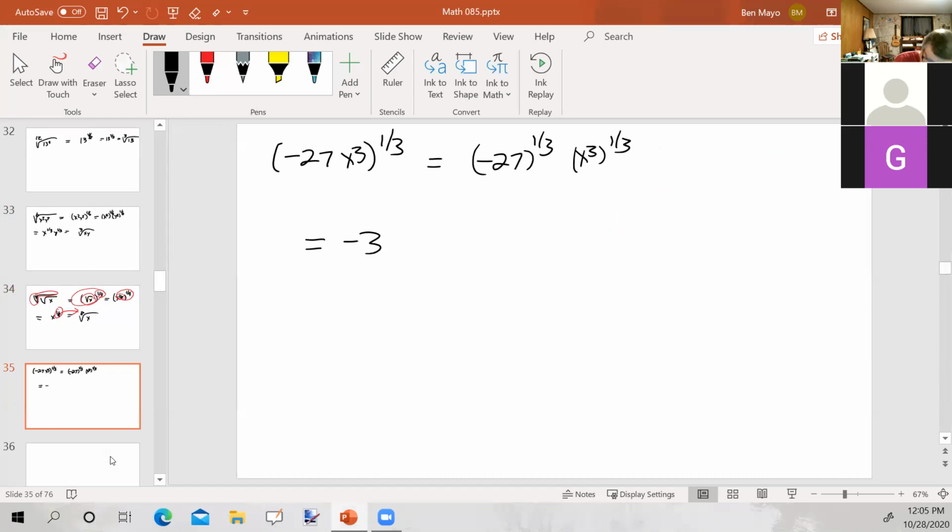Negative 3. Good. What's the cube root of x cubed? Or what's x to the 3 times 1/3 power, x to the 3rd over 3, x to... oh, it's just x, isn't it? Okay with that? Yes. All right.